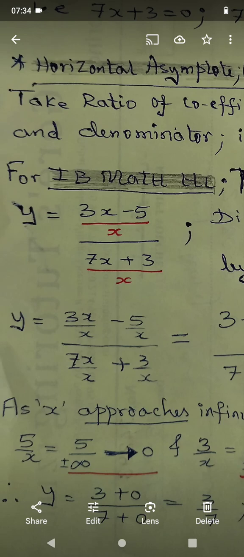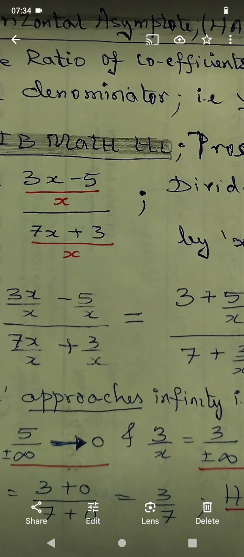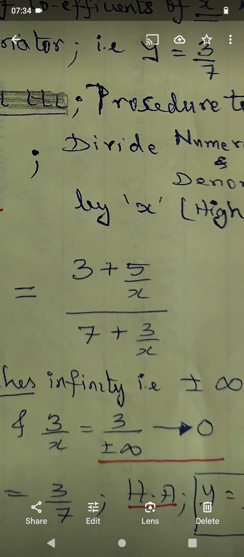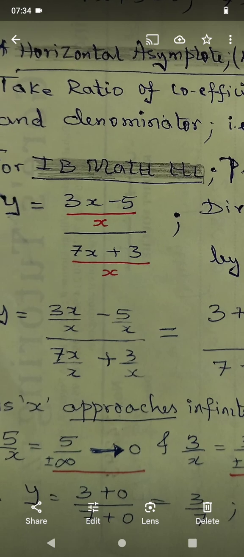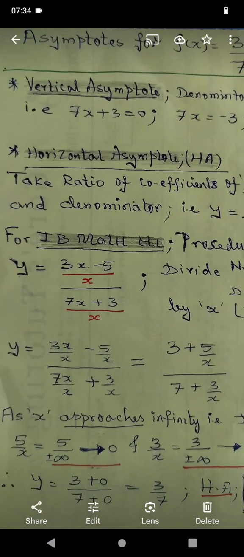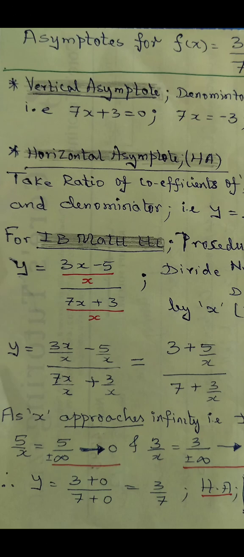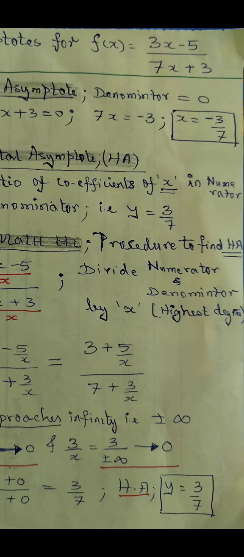So 5 over infinity, plus or minus, would almost touch 0 but never become 0. Similarly 3 over x, when x is huge, approaches 0. Therefore y is equal to 3 plus 0 over 7 plus 0, which is nothing but 3 over 7. The horizontal asymptote is y is equal to 3 over 7.